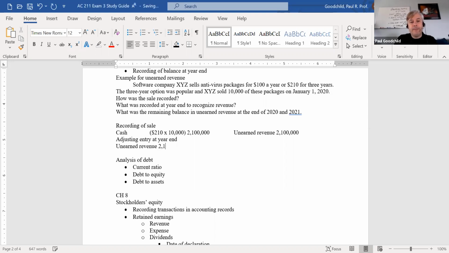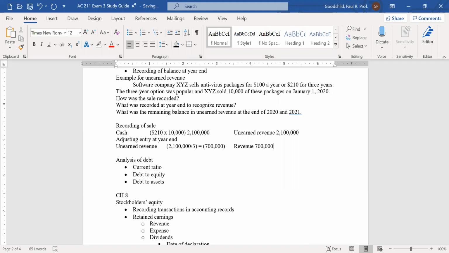So we have 2.1 million divided by 3, 700,000. And so it would decrease by 700,000. And then we would have revenue 700,000. Unearned revenue is always a liability. Correct. Okay. Thank you. You're welcome.